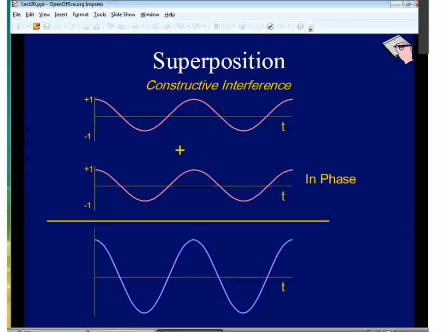Superposition principle tells you about all of these: extreme support, extreme opposition, then several possibilities of partial support or partial opposition.